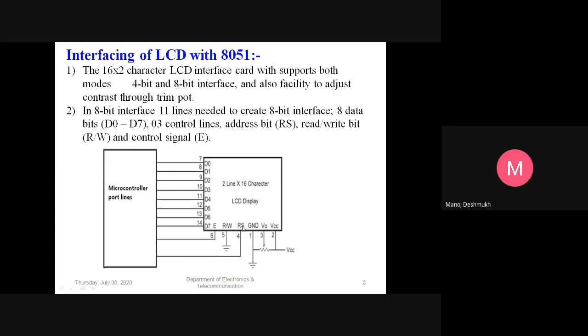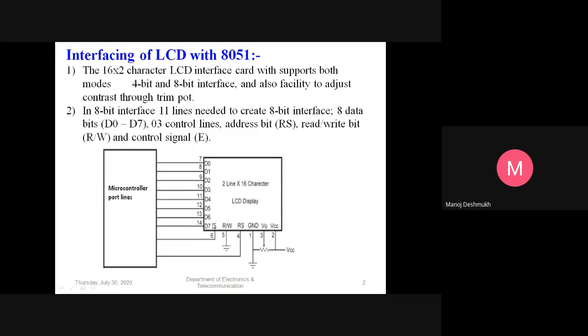For command mode RS is equal to 0, and for data mode RS is equal to 1. In this way we differentiate which mode is going to be executed on the LCD, either command mode or data mode. We will see later with the help of a flow chart.